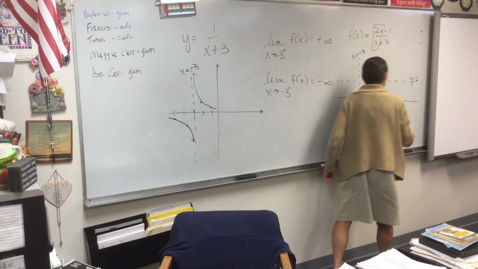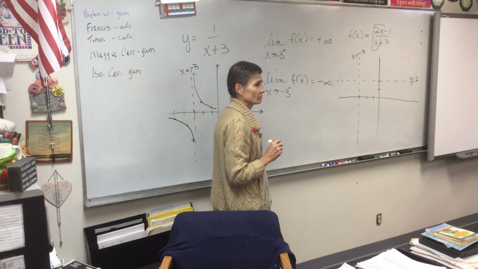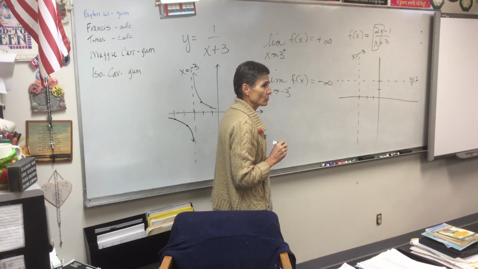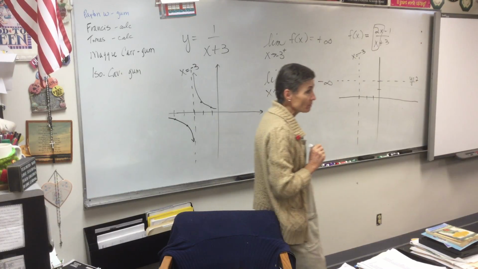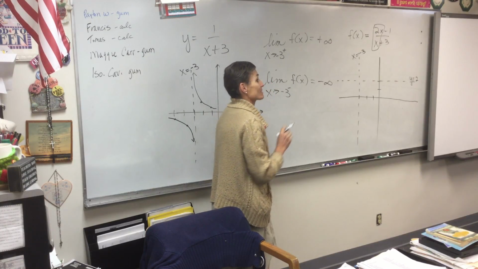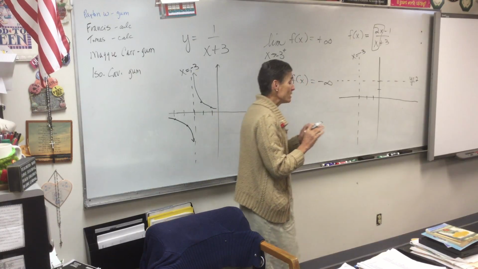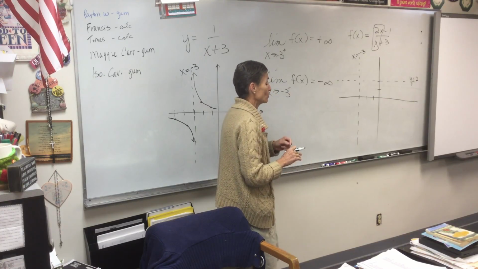Does this one have any holes? No, because how do we get holes? We have to factor and cancel, right? We have to be able to cancel, and nothing here cancels. So that's the old stuff. We've already discussed vertical asymptotes, horizontal asymptotes, and holes.